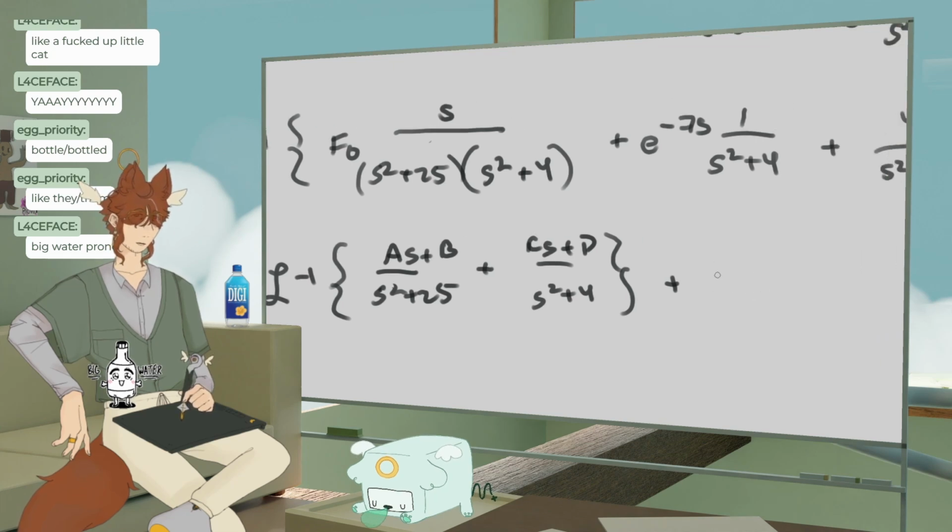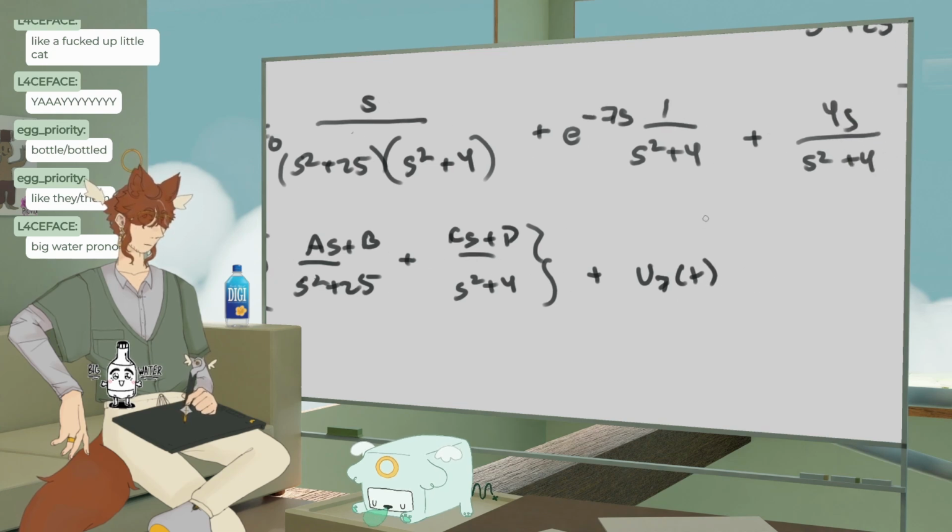Okay, I don't know. I can't take e to the negative s out of the transform. Okay, if I have e to the negative 7s inside the transform, we're putting it on the big S function. It's gonna turn into a unit step function. Okay, so unit step of 7. And then I'm not gonna do anything else.